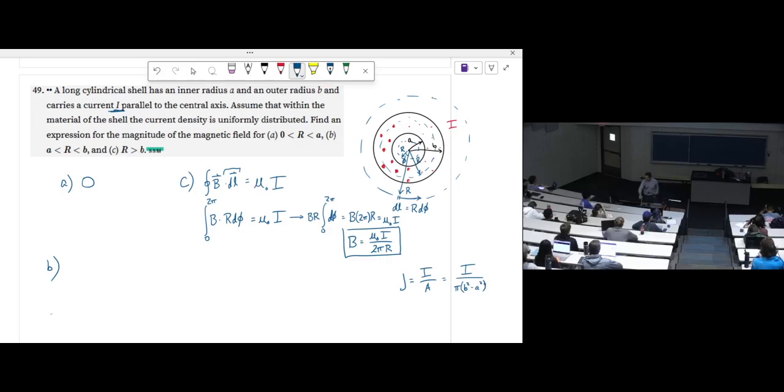Yeah, so you consider here, let's say that in an ideal sense, I just had a uniform wire here of radius b, right? And I had all the current coming out of this wire of radius b. This would be a cross-section of the wire. Well, in that case, the area of this circle is equal to pi times the radius squared, which is pi b squared.